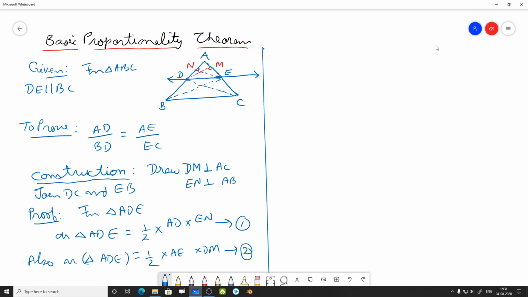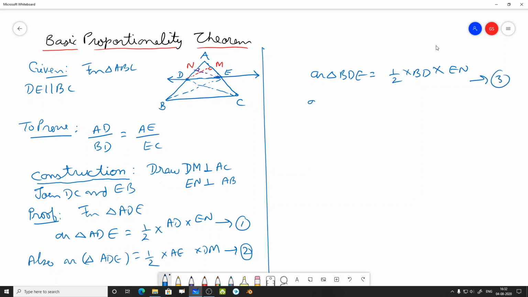Now next we'll find the area of triangle. Here area of triangle BDE, for that we can take base as BD, so equal to half into base, that is BD, and the height will be EN, so into EN, and let it be equation number 3.